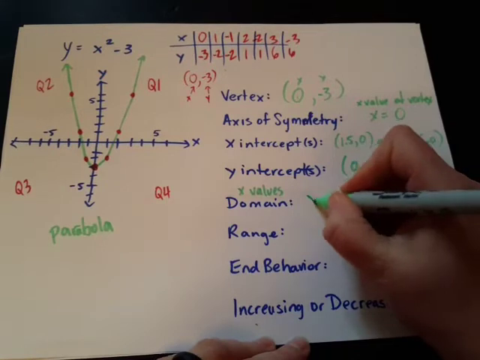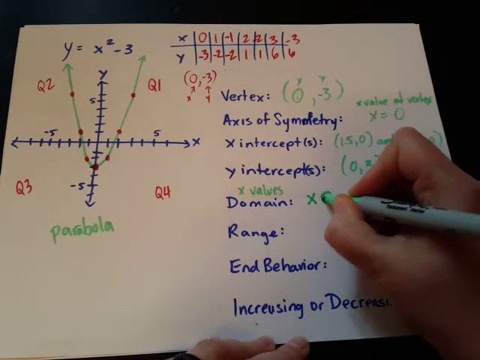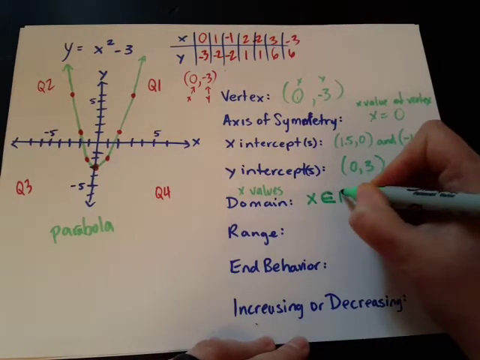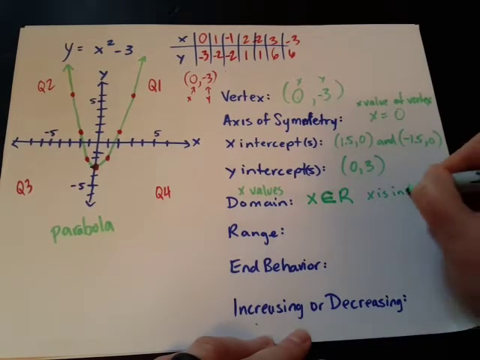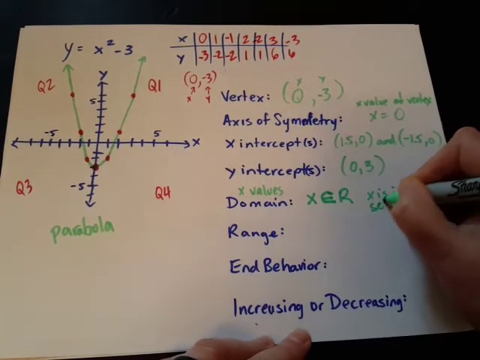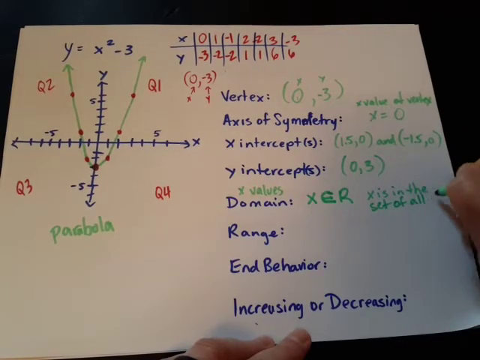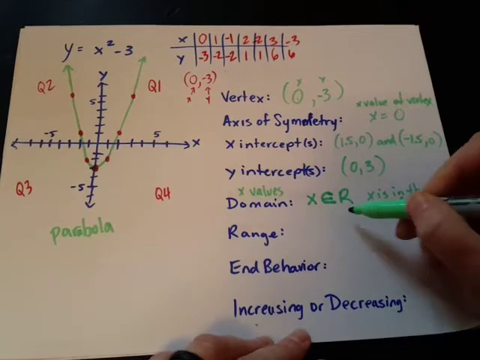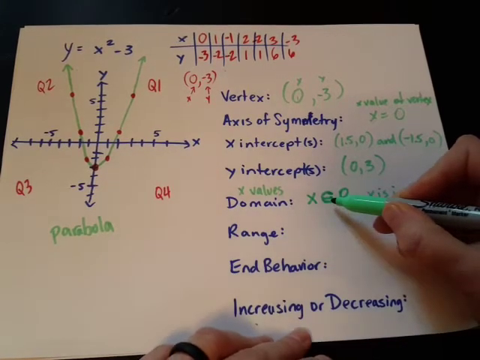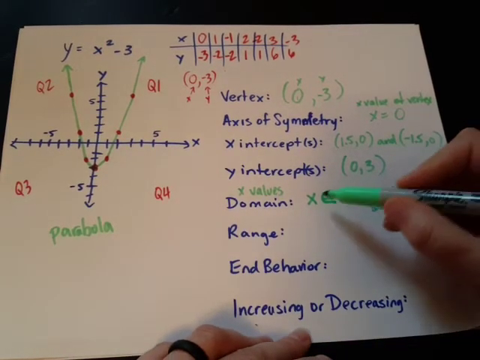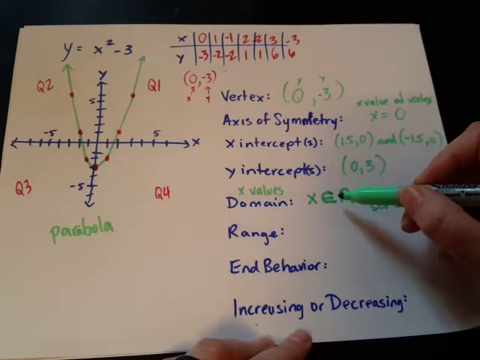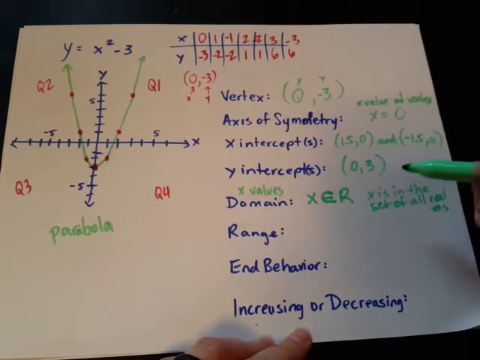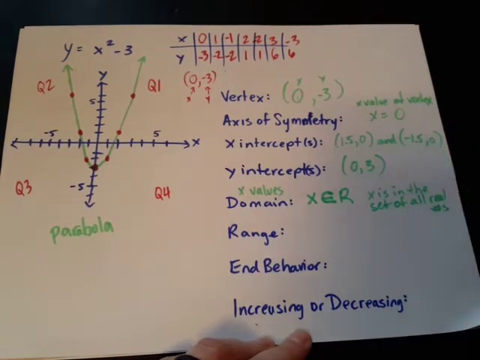So we would say x is in the set of all real numbers. Capital R, this symbol looks a little bit like a euro sign, but it means x is a member of the set of R, or real numbers.